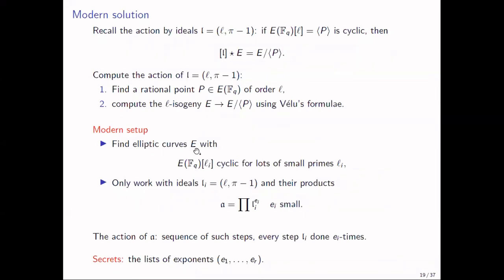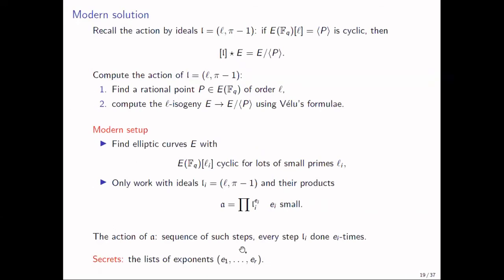You look for setups where you have elliptic curves with lots of cyclic L torsions for lots of small primes, and you only work with these ideals. You don't work with the whole class group. You just work with ideals that look like this, and their products, where you have lots of the ideals L_i, so you can take very small exponents e_i, and then the action by this ideal is just going to be a sequence of the steps as above.